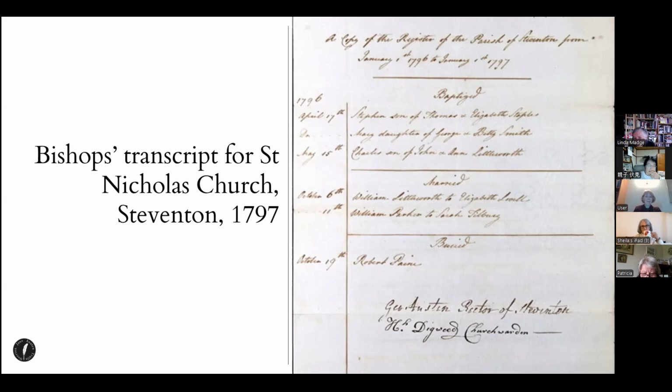It shows what a small place Steventon was. The transcript is signed by George Austen as rector, and we think here we can see Hugh, the father of the Digweeds, as church warden. Another indication of the interconnectedness of this rural community.